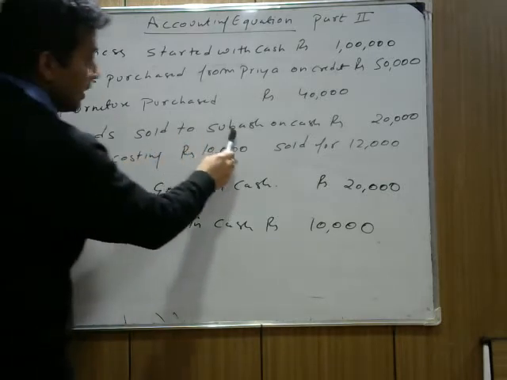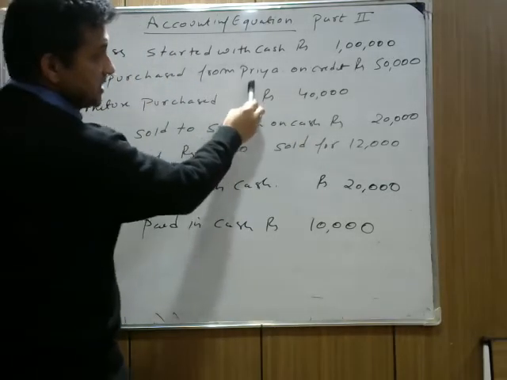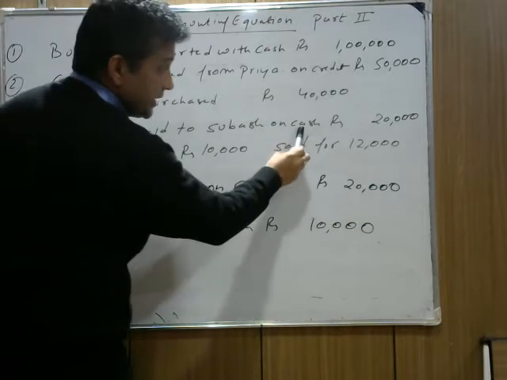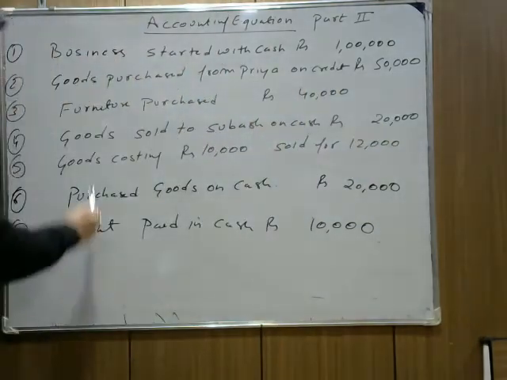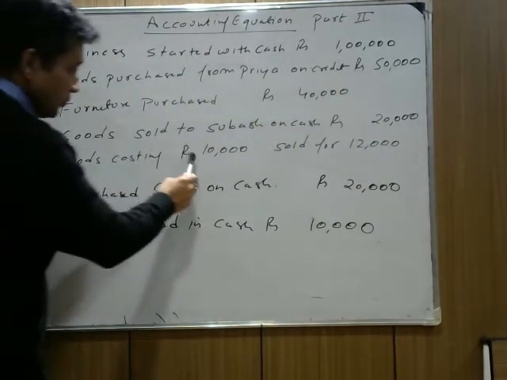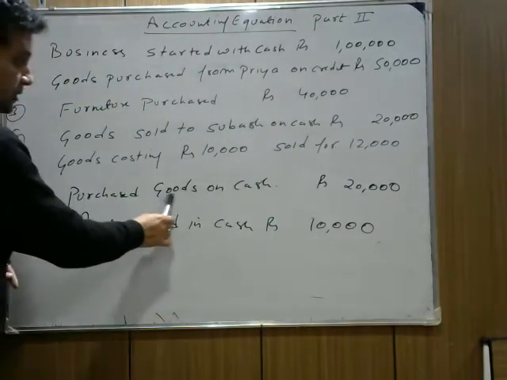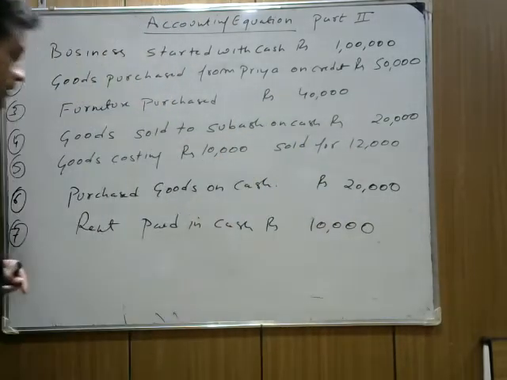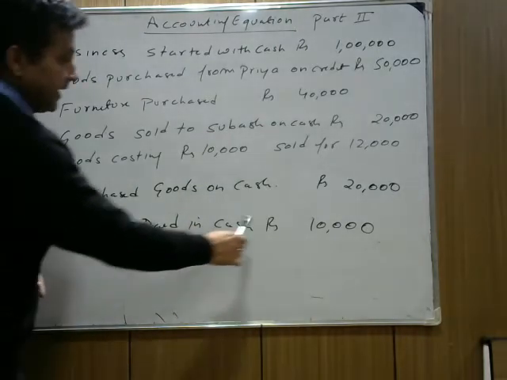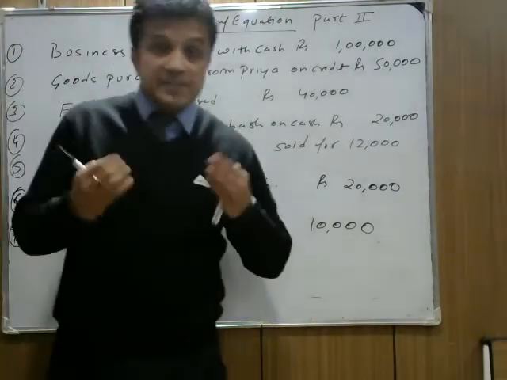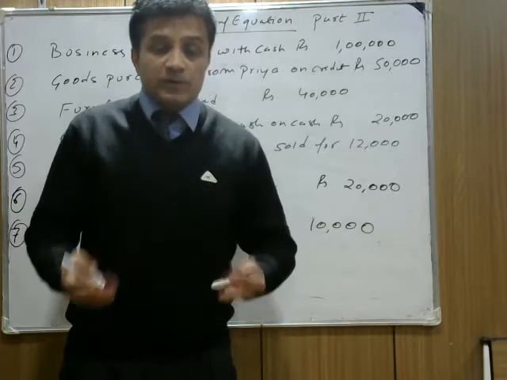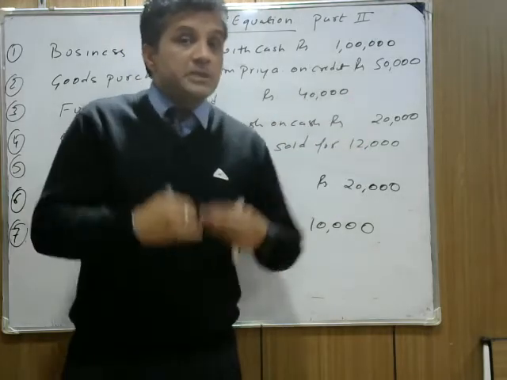Goods sold to Subhash on cash rupees 20,000, here it is mentioned on cash, there on credit. Next, goods costing rupees 10,000 sold for 12,000. Purchase goods on cash rupees 20,000 again. And the last one, rent paid in cash. Now when you pay the rent, it is an expense for the firm, because the firm has to pay the rent.